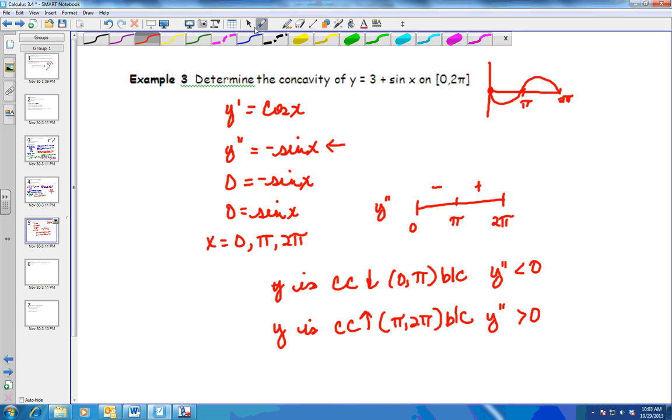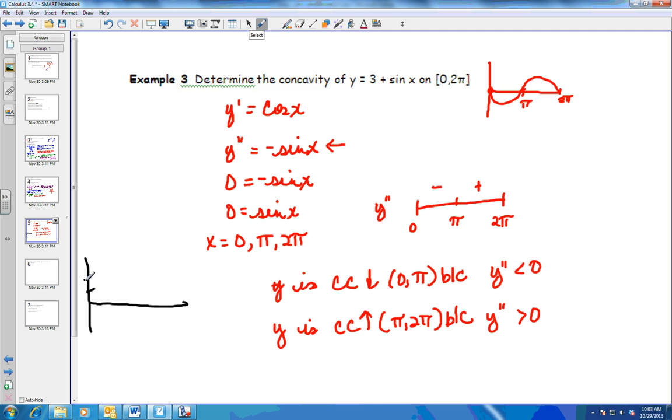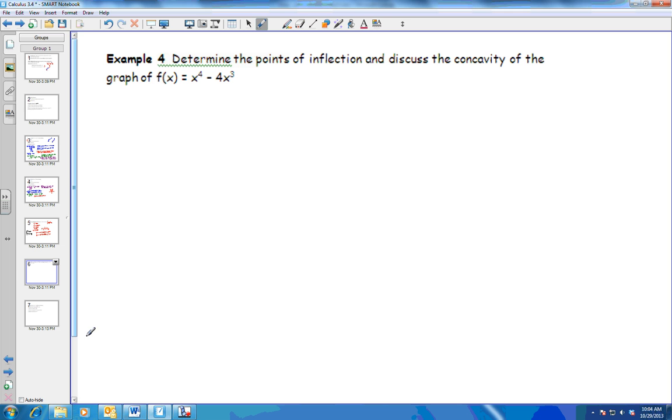And that makes sense because if I look at the original graph of 3 plus sine x, and this is 2 pi, I'm just going to sketch a quick graph. Here's what that graph looks like, something like this. So it's concave down from 0 to pi and concave up from pi to 2 pi. Example 4.